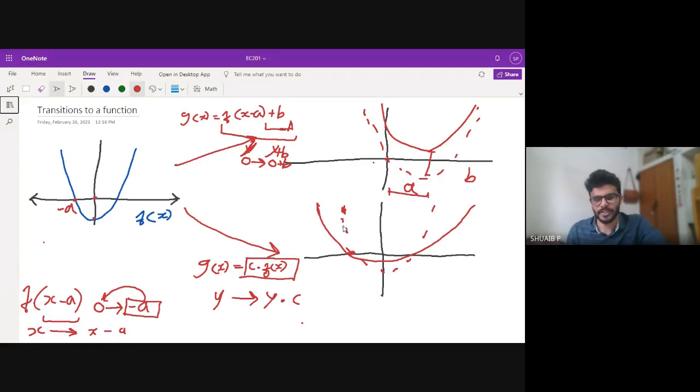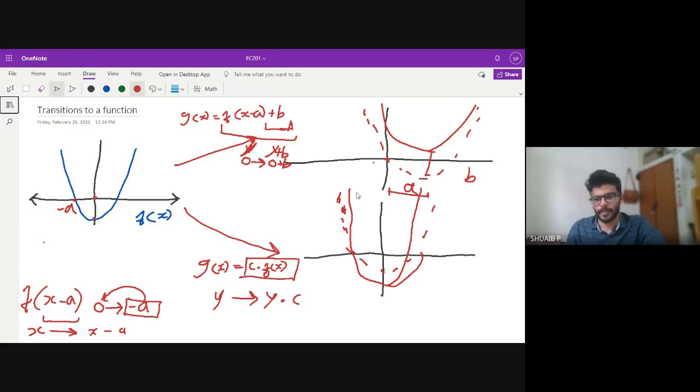No, it's actually the other way. Sorry, messing this up. So I think it would be like this. So y is positive for all of this, assuming c to be a positive constant.